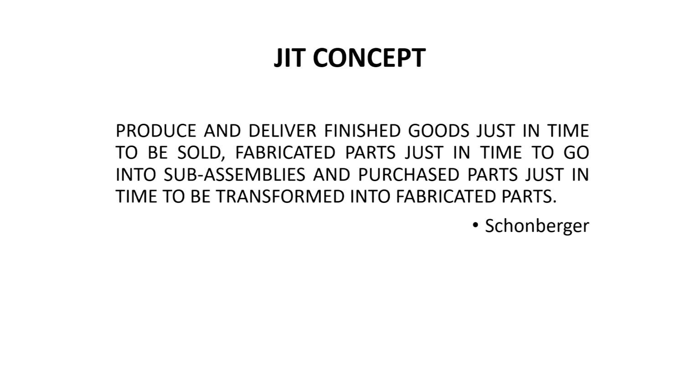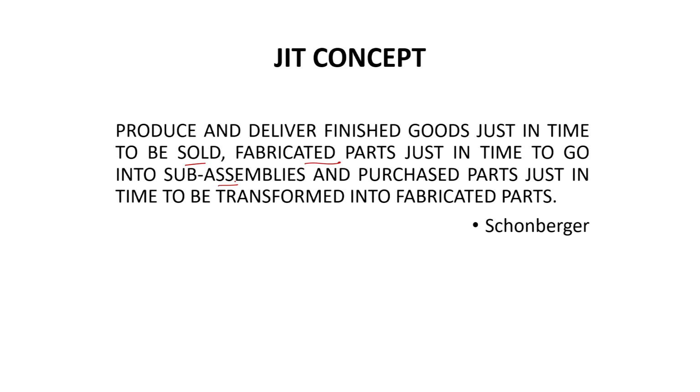So, the first concept about JIT is: produce and deliver finished goods just in time to be sold. So, you are producing the finished goods only after receiving the order or when there is a customer ready to purchase, and then to make the finished goods we fabricate the parts just in time to go into sub assemblies.